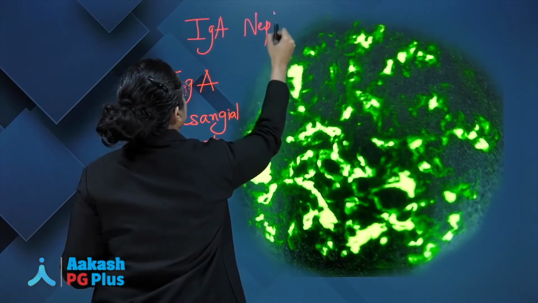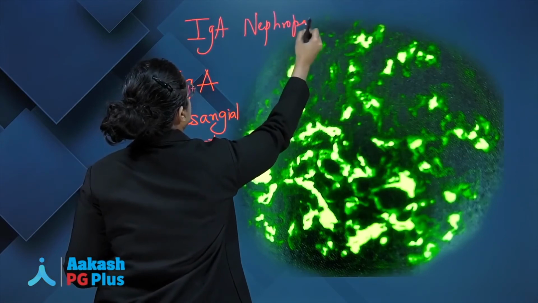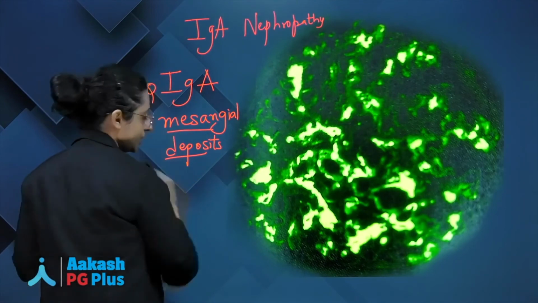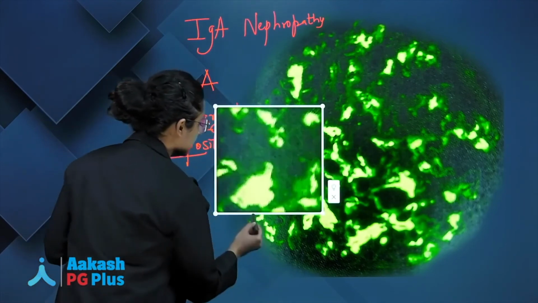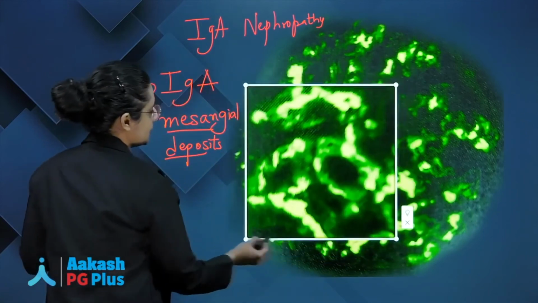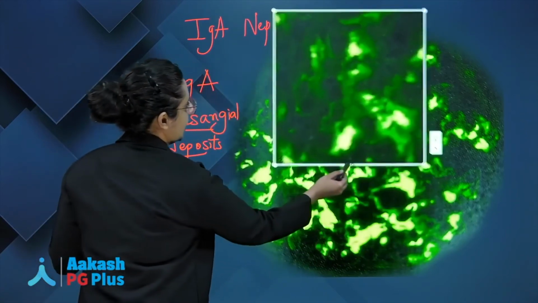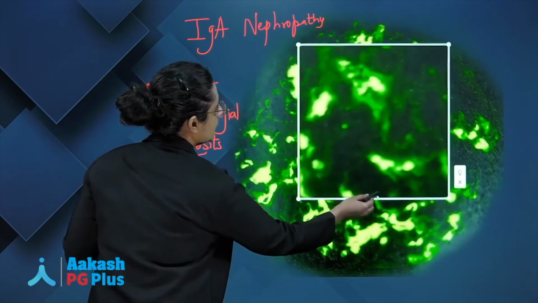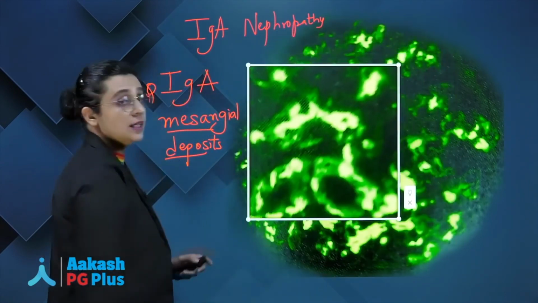IgA nephropathy, as the name suggests, easy to remember, the mesangial deposits are positive for IgA, and you can see the positivity under immunofluorescence for IgA. So these are IgA mesangial deposits in the mesangium area, which is showing the diagnosis of IgA nephropathy.